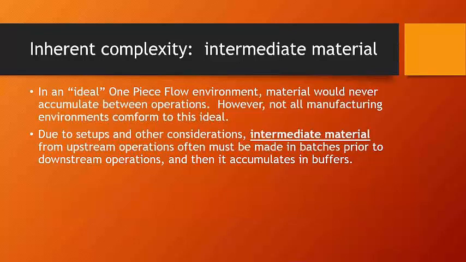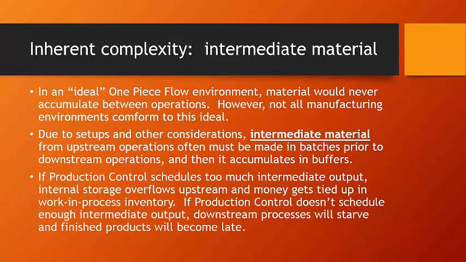Well, sure, it does. Now, this presents a potential issue because if production control schedules too much intermediate output, then internal storage overflows upstream. And even if the storage doesn't overflow, even if the buffers and the racks can hold it, well, money gets tied up in that work in process inventory.